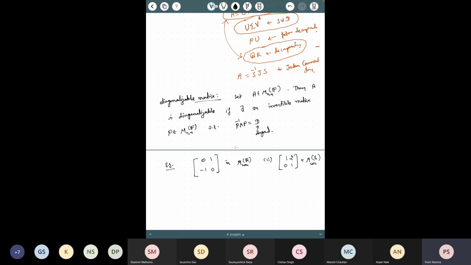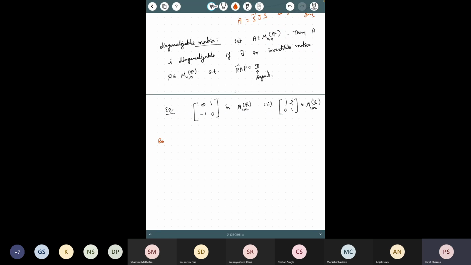One standard result is that a matrix A of size n cross n over F is diagonalizable if and only if there exists a basis of Fn consisting of eigenvectors of A. This is one of the main characterizations of diagonalizable matrices.